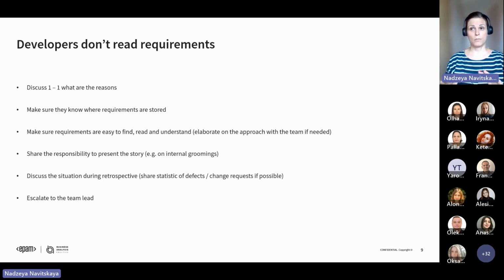We were never able to discuss more than 3 user stories during internal groomings. So they got these stories in advance, like 2 or 3 weeks in advance, so they could plan their time.